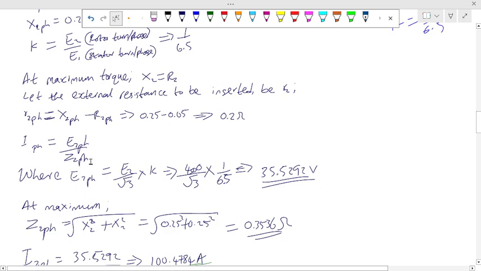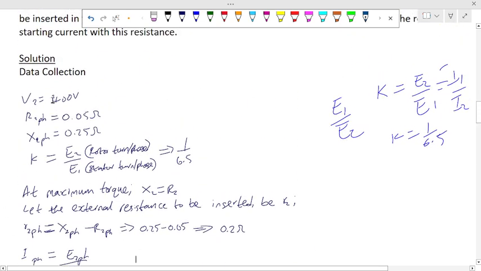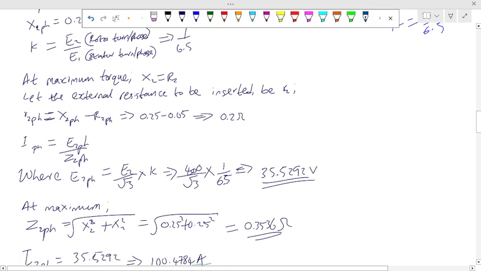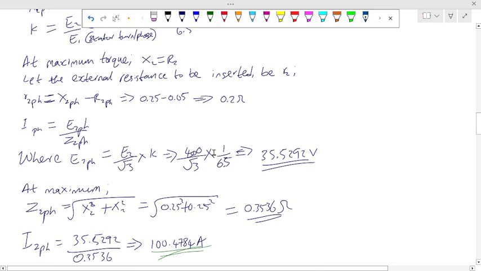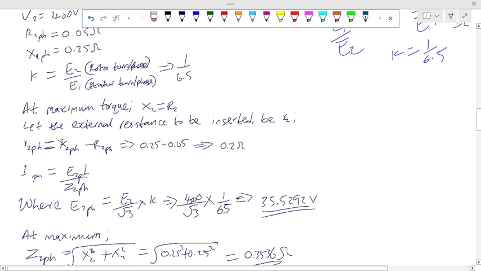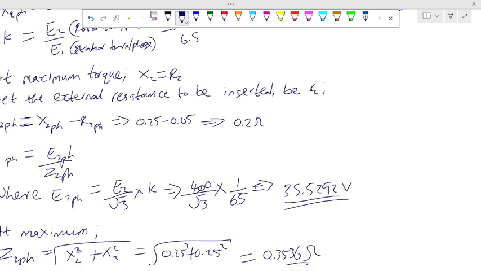Then our current per phase is our E2, the EMF per phase, over Z2 per phase. But note, what we have here is voltage, not EMF. To get our E2 we have to include the transformation ratio, which we have said is 1 over 6.5.